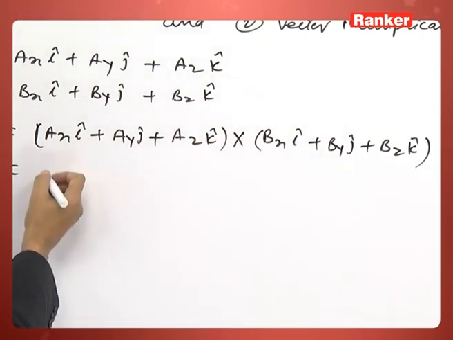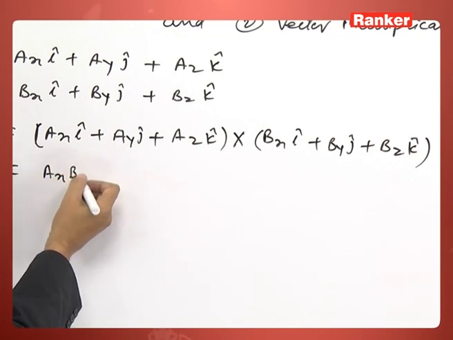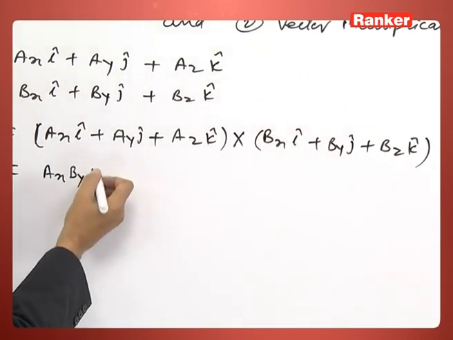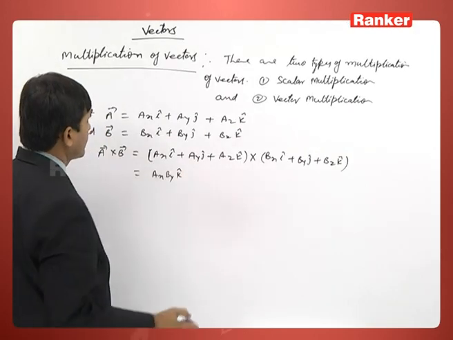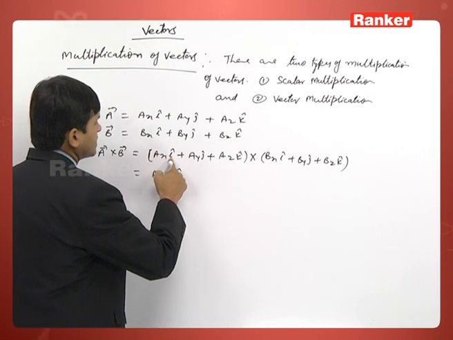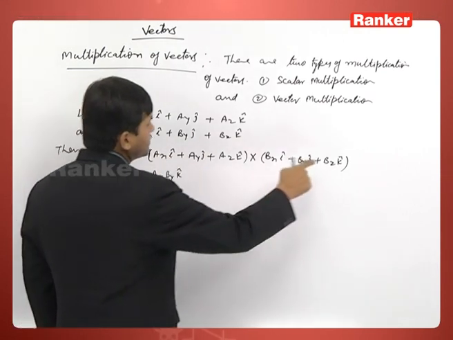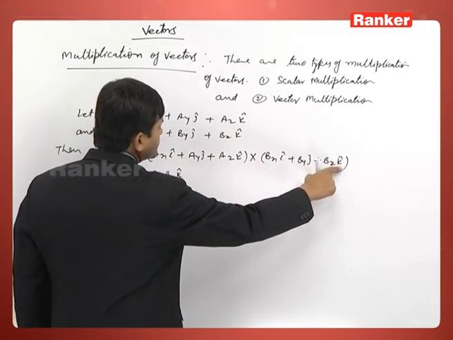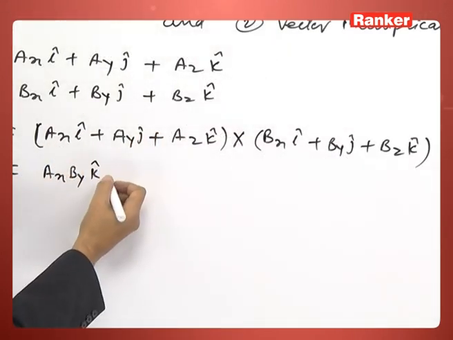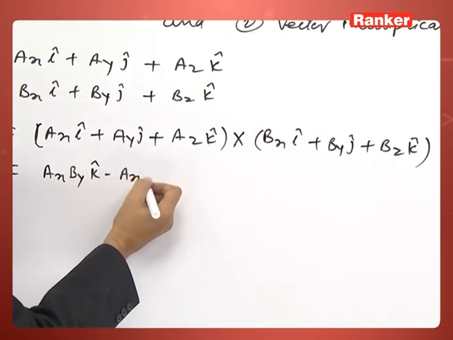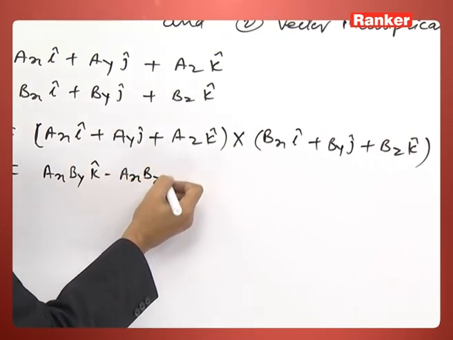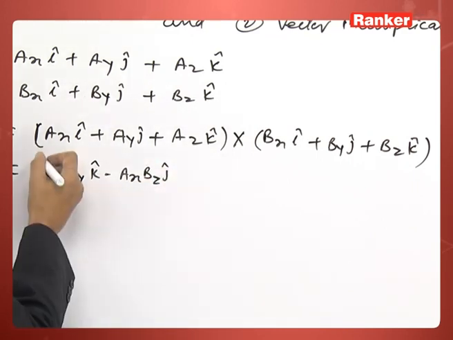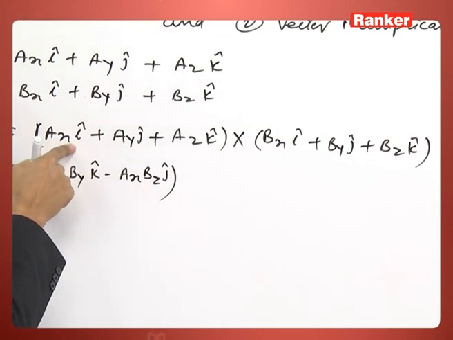Ax by, and i cross j will be your k cap. Similarly, ax i with bz k, so i cross k is minus j, so minus ax bz j cap. So this is the first expression from here.